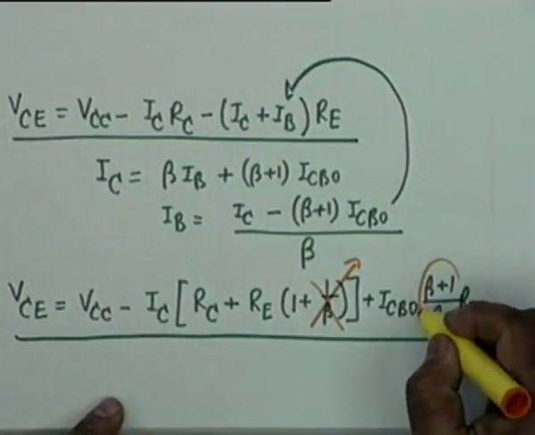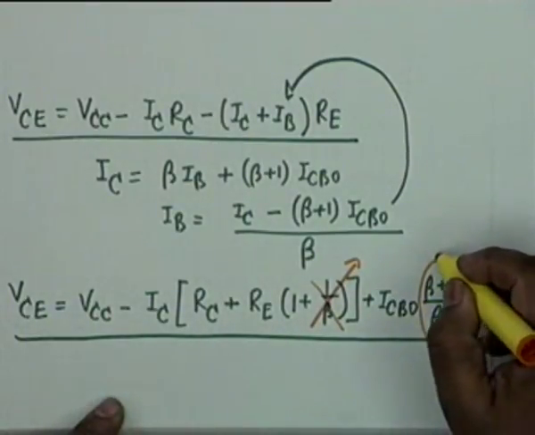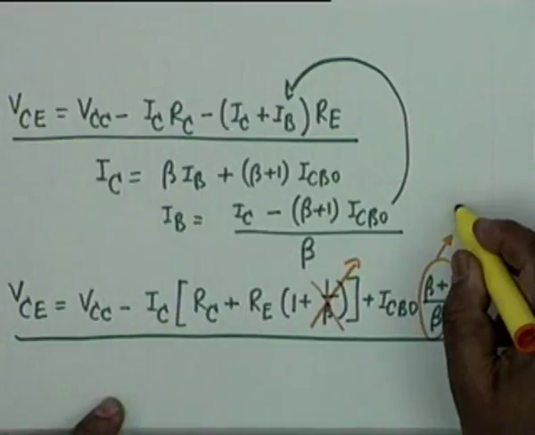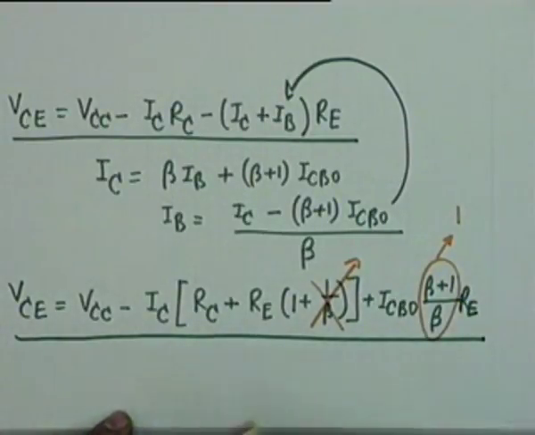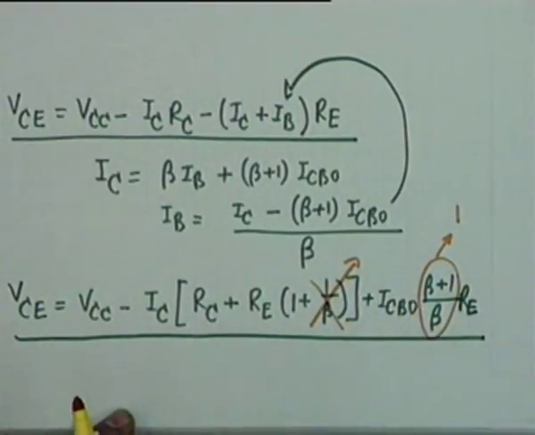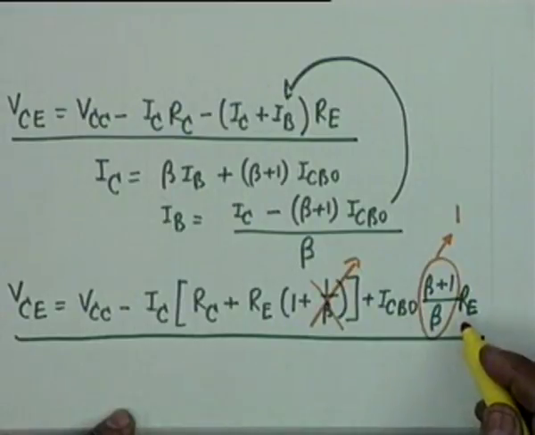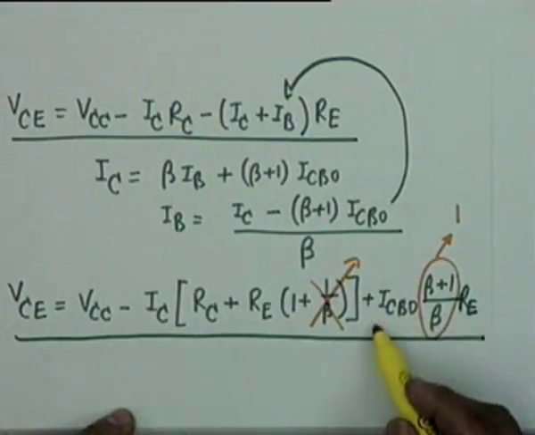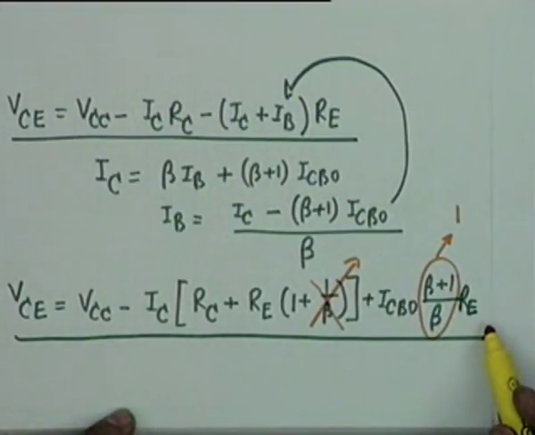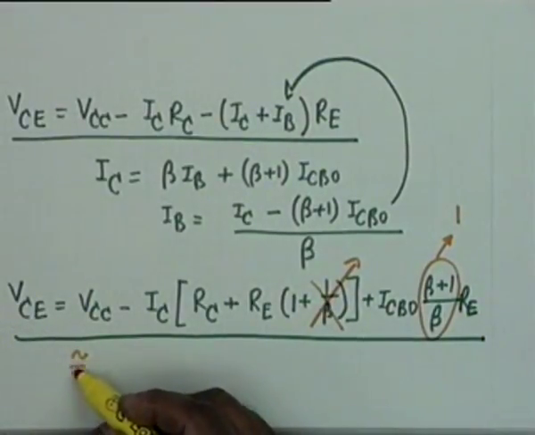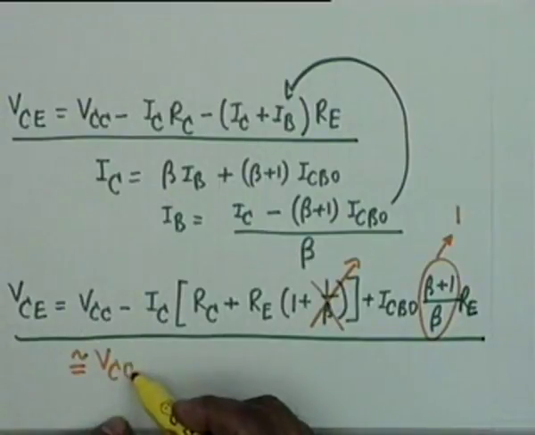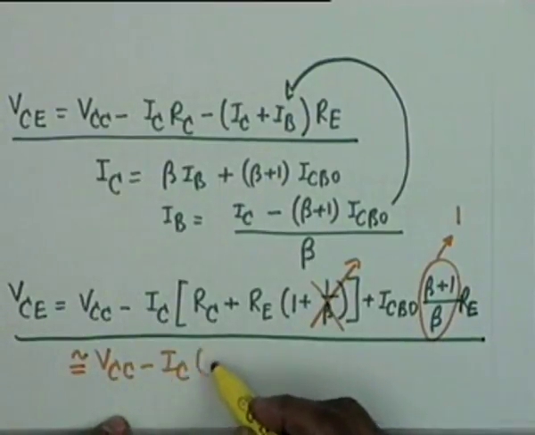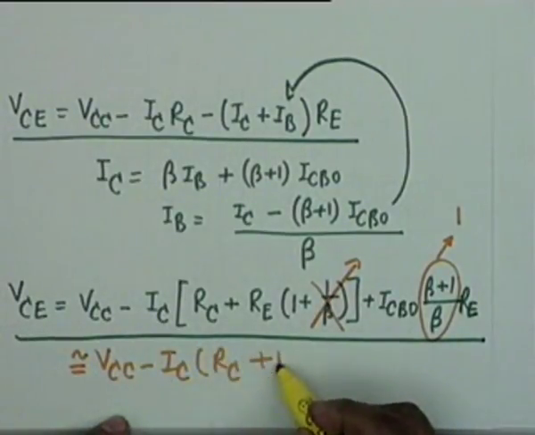Similarly, (beta plus 1) by beta you can take approximately as 1. Not just that, ICBO is of the order of a nanoampere, tens of nanoamperes, and RE is of the order of a K, and therefore this whole term is very, very small, and therefore you can approximate this by VCC minus I sub C (R sub C plus RE).